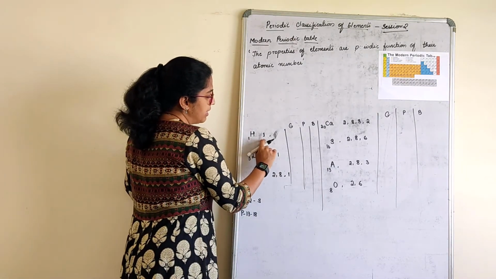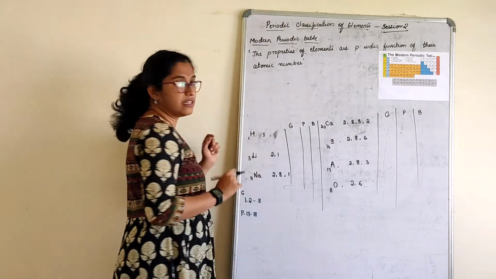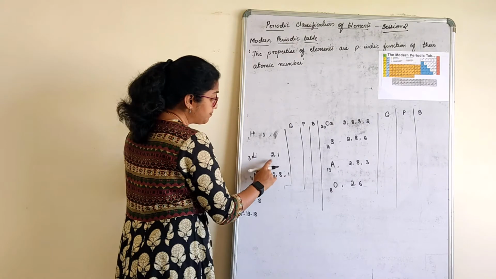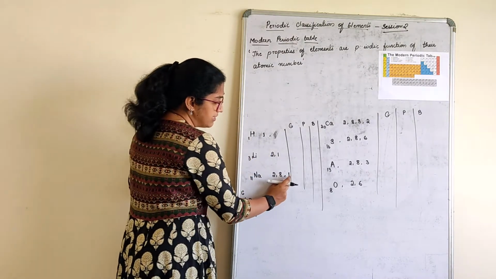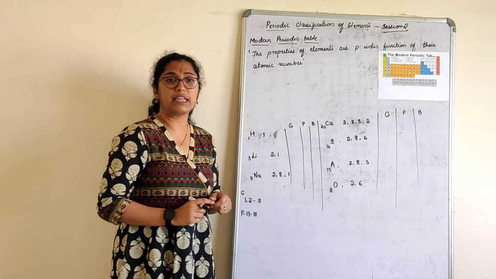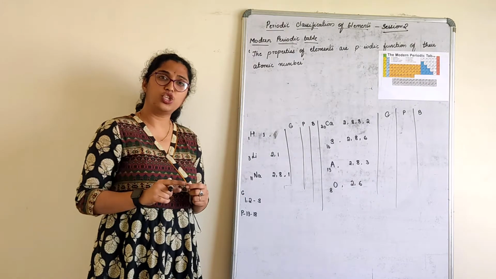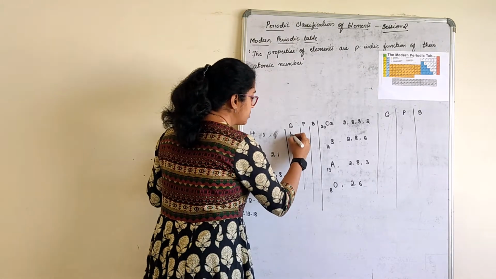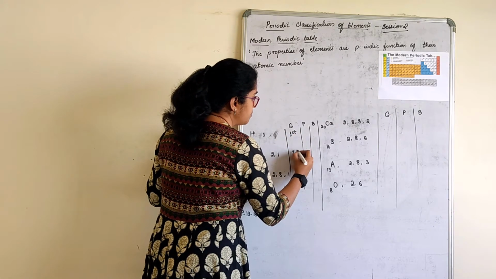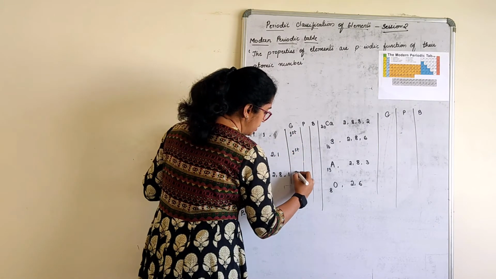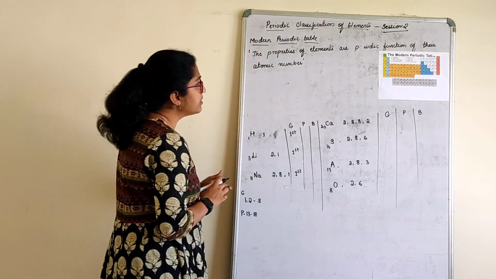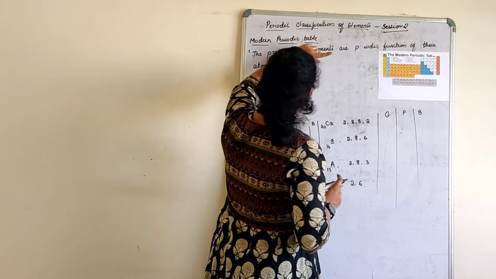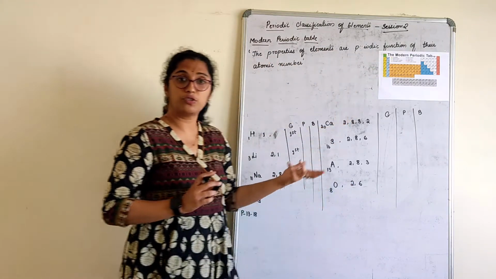Now what do we have? Last shell, how many electrons are there? Only 1, right? Here the last shell has only 1. Here also only 1. Whatever is in the last shell, it belongs to that group. This belongs to the first group. Check, is it true? Hydrogen belongs to the first group, sodium belongs to the first group, lithium belongs to the first group. Yes.